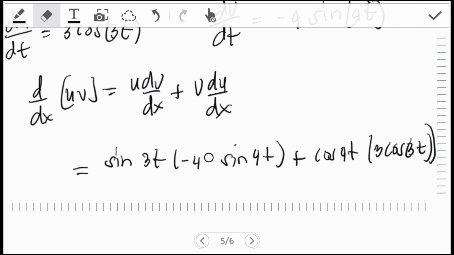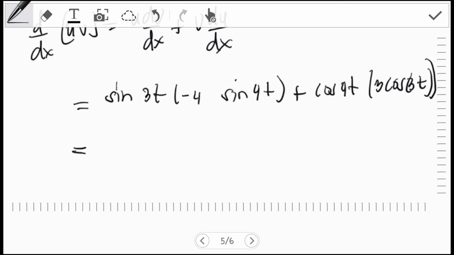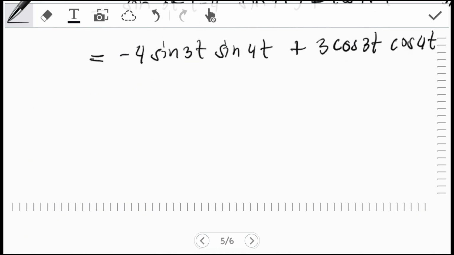So this is equal to negative 4 sine 3t sine 4t plus 3 cosine 3t cosine 4t. Okay, so that is the final answer.